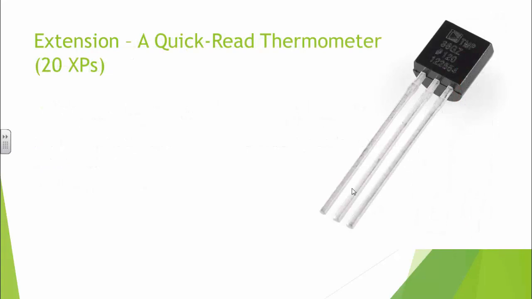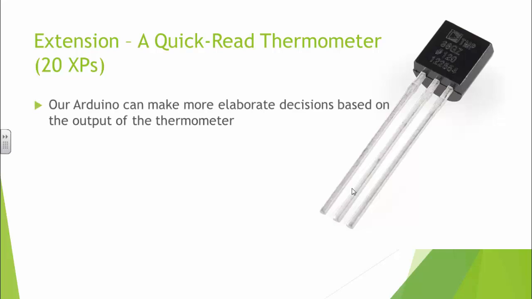Now, after you've implemented the ability to push the temperature out to the serial monitor, you can also implement a combination of the ideas that we've had from today. So you can take your LED lighting circuit and quickly turn that into a quick read thermometer.